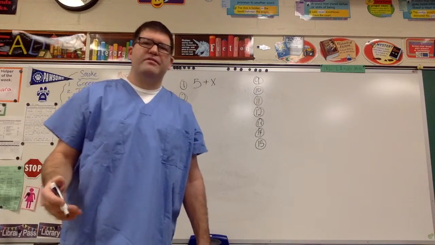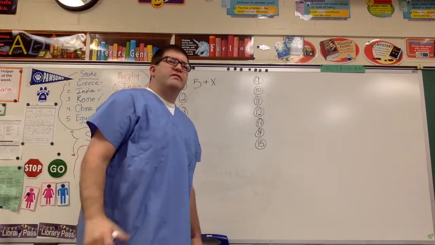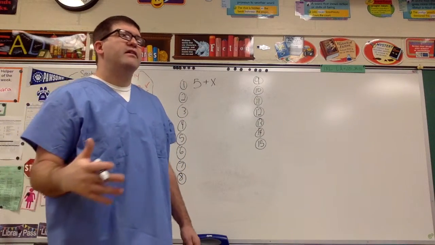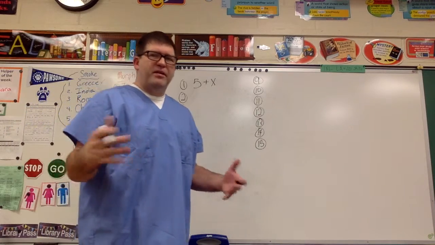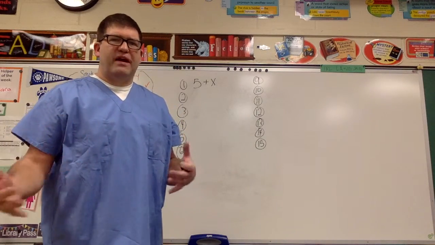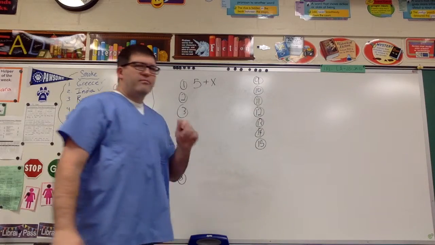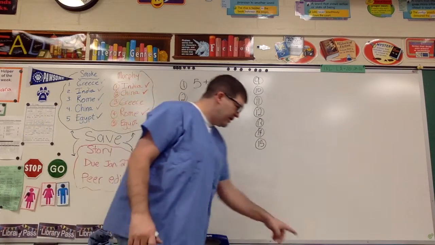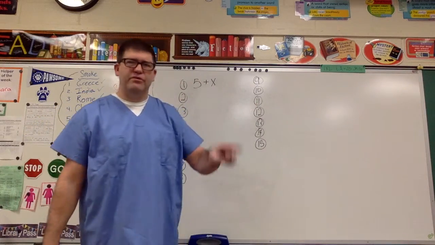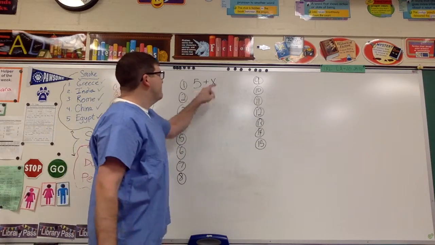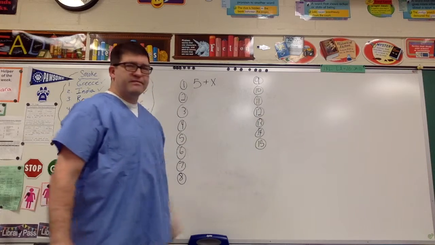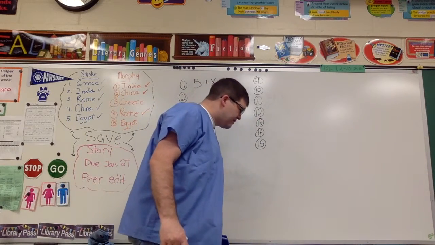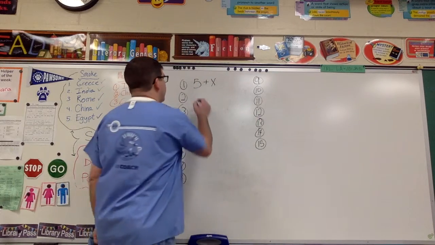Now some of you might have done x plus 5 because of the commutative property. 5 plus x is the same as x plus 5, so either way would work. But if I'm looking at the wording in this one, it says add x to 5, so 5 gets x added to it. 5 plus x.